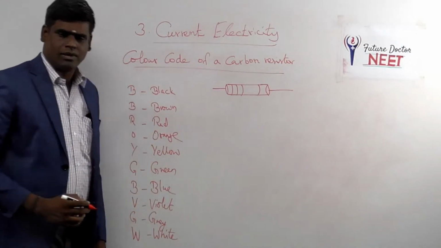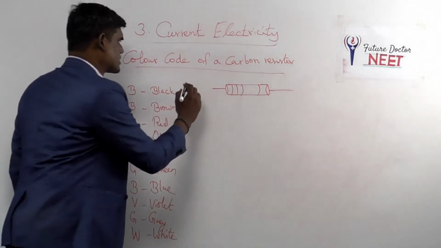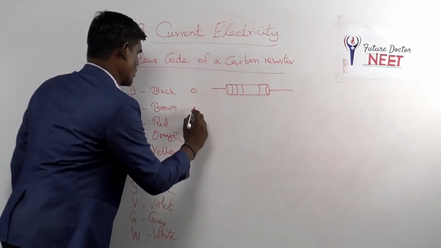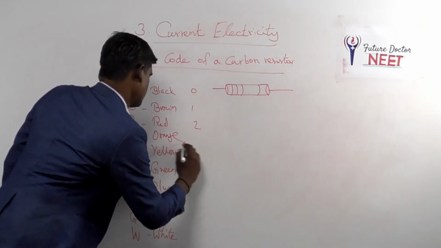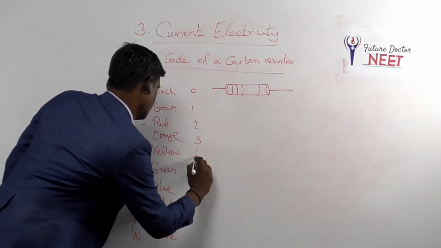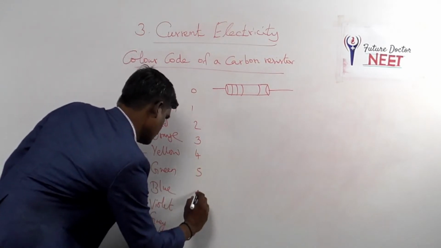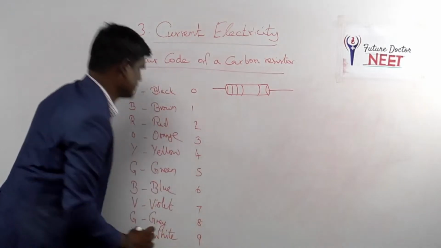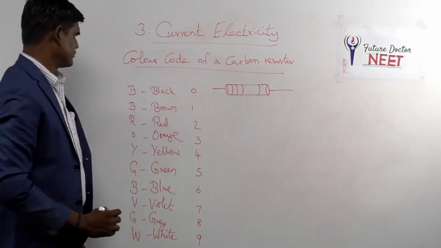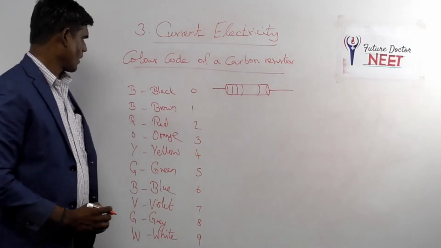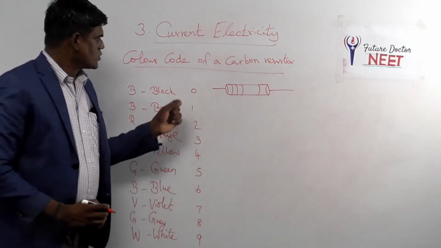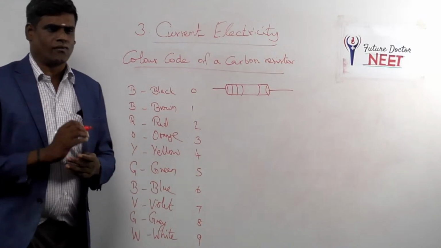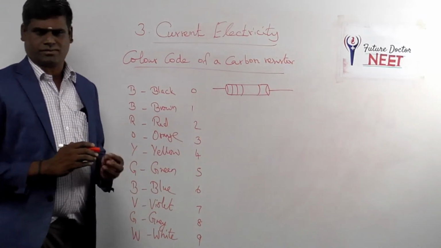These are the codes for the colors. Each is having a digit: 0, 1, 2, 3, 4, 5, 6, 7, 8, 9. So by reading the rings, we can say the value of a carbon resistor.